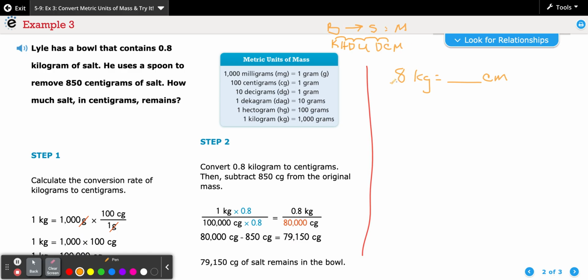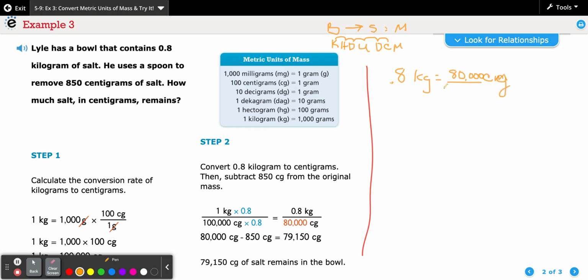So 100,000 is how many jumps? 1, 2, 3, 4, 5. So basically we're just moving this decimal point over 5 places. So that will give me 80,000. Right, so it was here 1, 2, 3, 4, 5. So I have 80,000 centigrams. I said meters here.